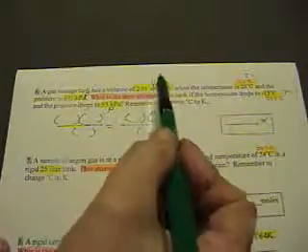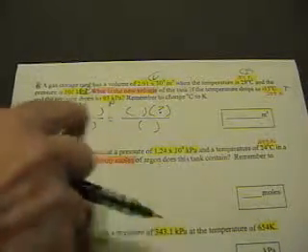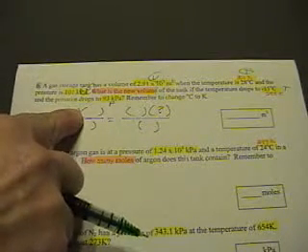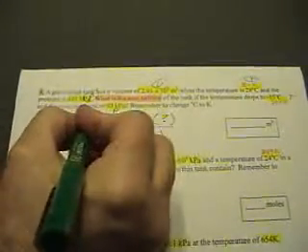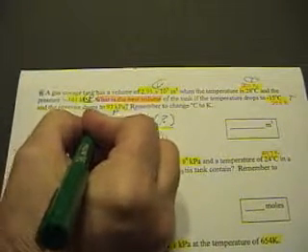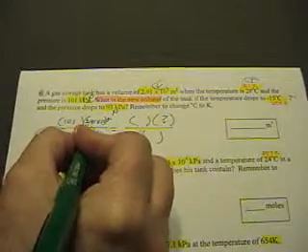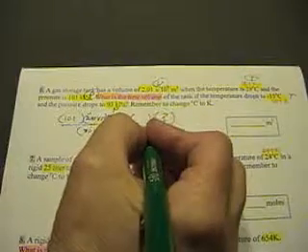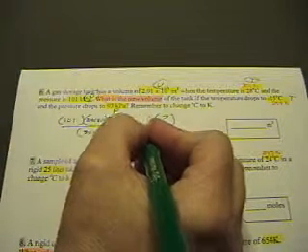Alright, so usually this one and this one and this one are all kind of in the same sentence, so usually those are going to be your beginning stuff. Okay, so our P is 101, this is 2.91 times 10 to the 5th, 301. Our new temperature is 258. Our new pressure is 93.